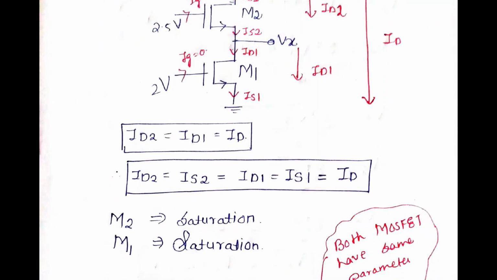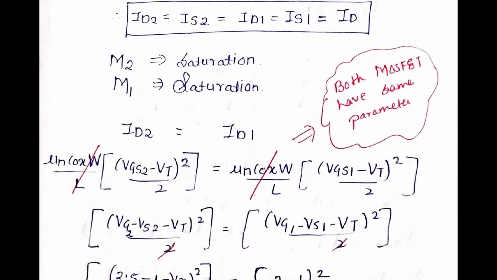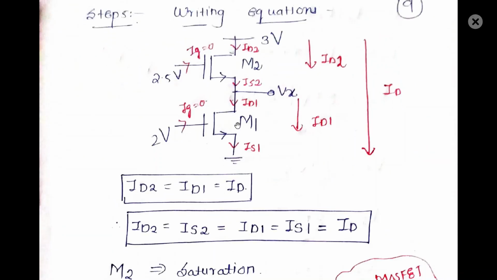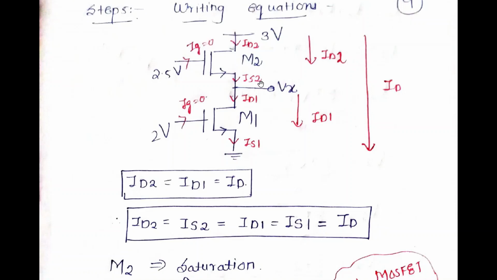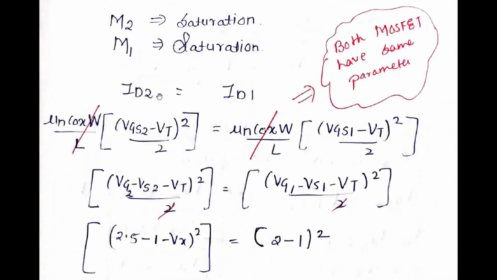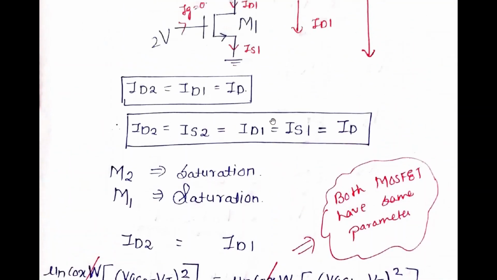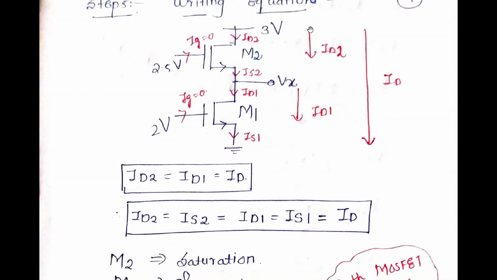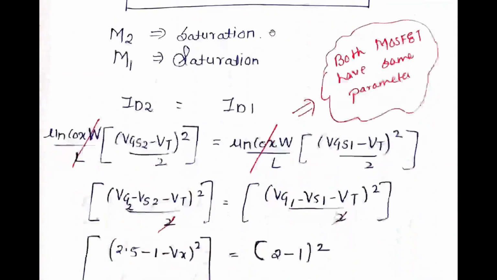So what we are going to do is that the current ID2 is over here and the current ID1 is over here. This is very important: ID2 is equal to ID1. Since these two MOSFETs are in series, I can assume that the current through MOSFET 2 is equal to the current through MOSFET 1.